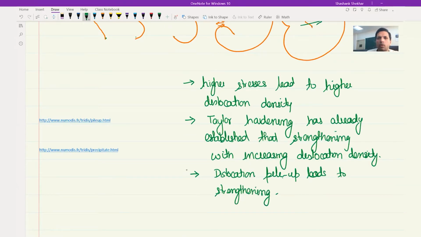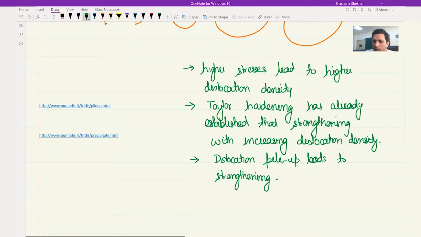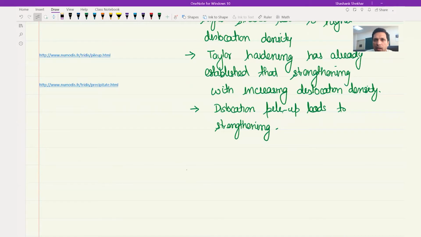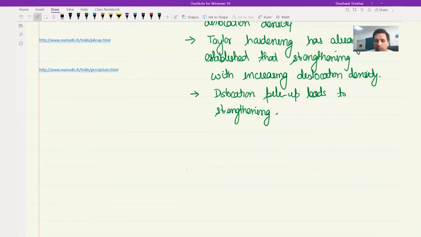Now that we are talking about dislocation multiplication, it is proper to also state that there are other mechanisms of dislocation multiplication, although they are not as frequent or as probable, particularly from the point of view of material processing. So what are these? For example, due to accident growth.